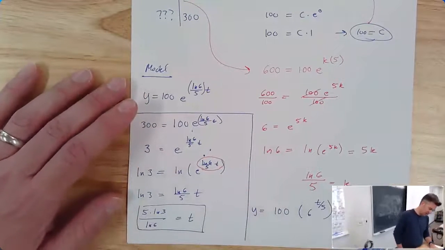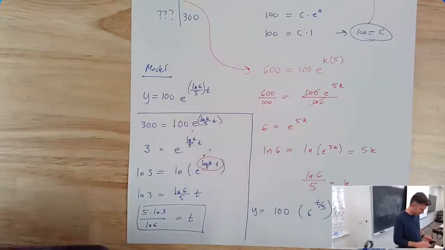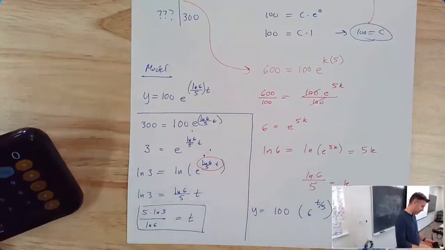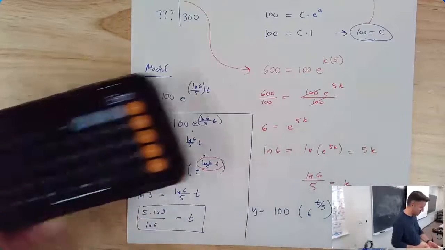I didn't bring my good calculator with me, of course, so I have to do it on my janky phone calculator. Definitely encourage you to have a more reliable calculator than your phone. I always hate doing logs on my phone, because you can't take the natural log of 0, right?